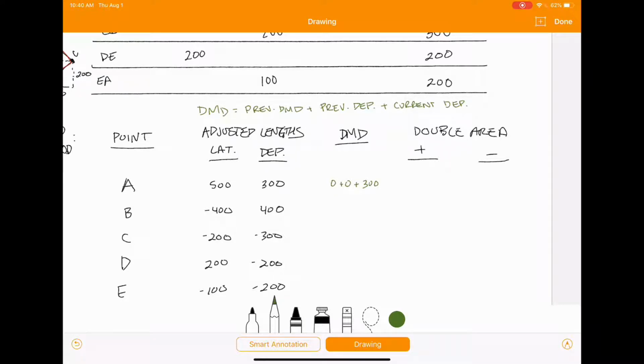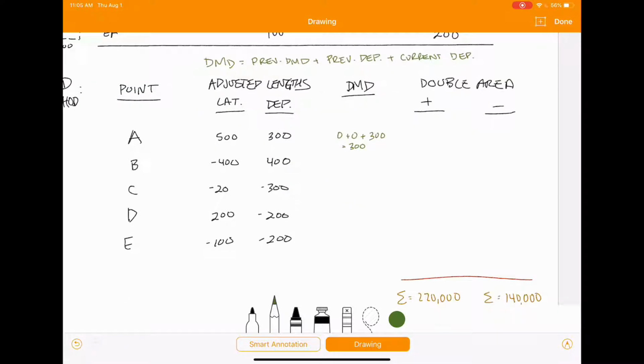So we're going to have a total of 300 for our DMD for point A. So for point B, our previous DMD is 300, plus our previous departure is also 300, plus our current departure is going to be 400, for a total of 1,000.